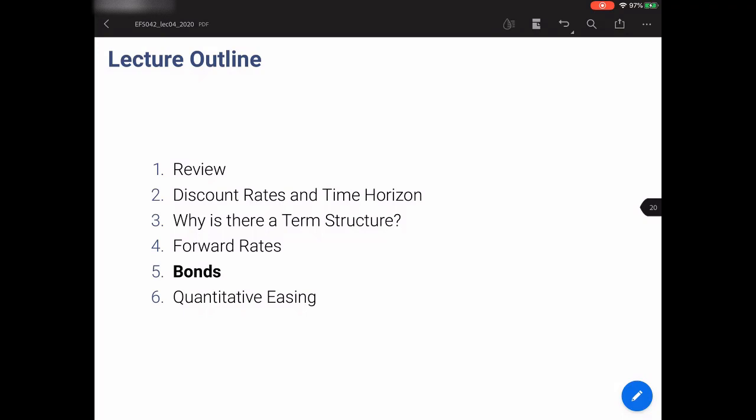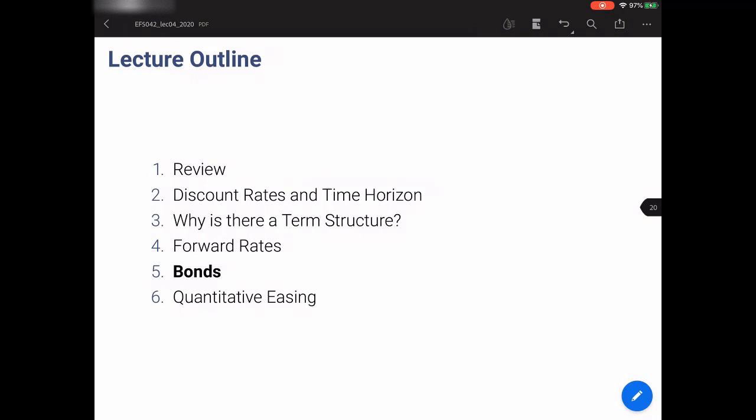There's no risk or uncertainty about the level of the cash payments over time, and you recover your initial investment at the end of this contract. As I used for demonstration in the previous slides, we presume that we have a cash flow contract that pays a fixed payment every period, and then you receive a final payment at the end of this period. That's typically called the maturity time.